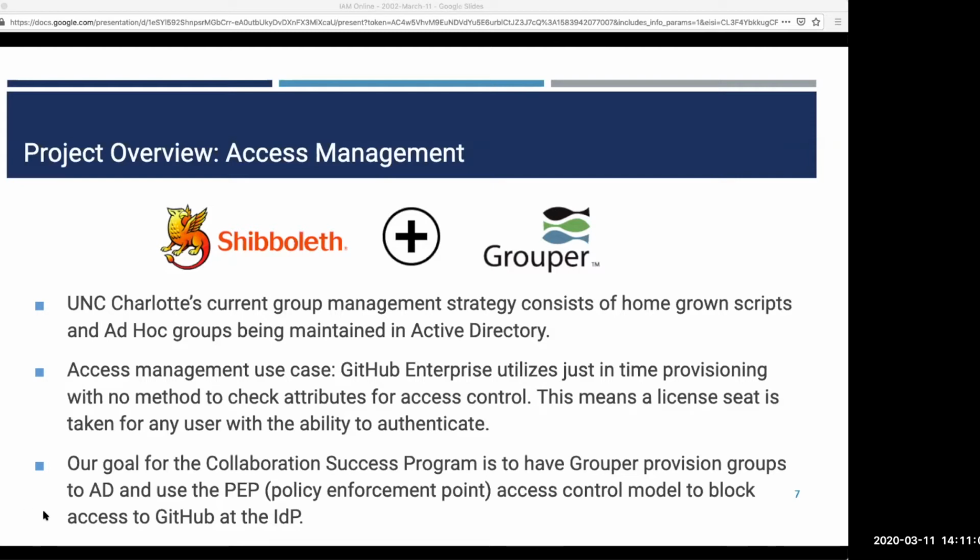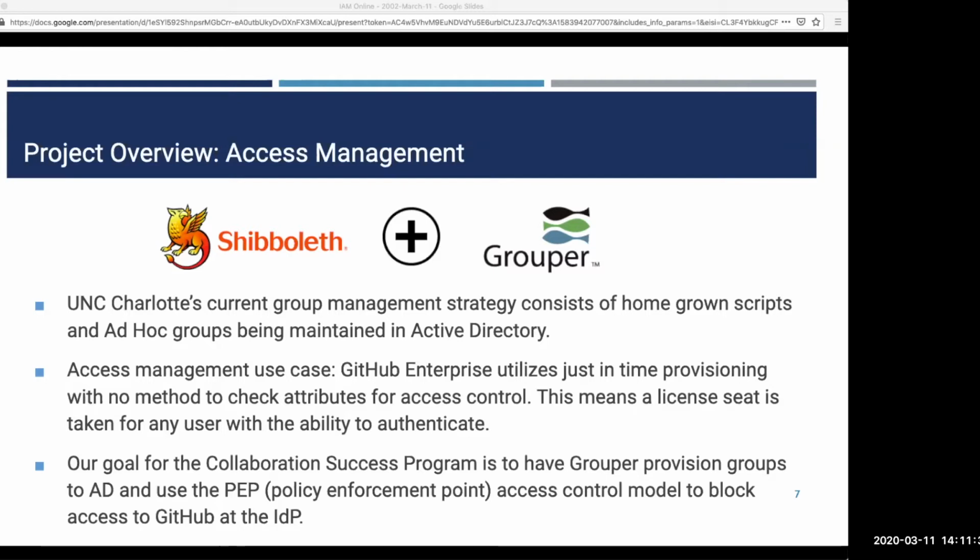And in the long term, we hope to also have COmanage in play, but for this current CSP cycle, we're just looking at Grouper. Our first use case is to use Grouper in collaboration with Shibboleth to deny access at the IdP for certain applications that can't block access and may have licensing seats.